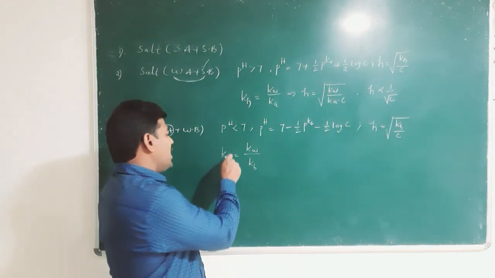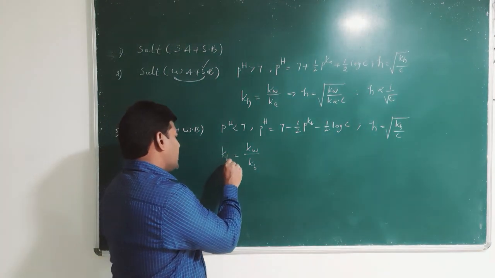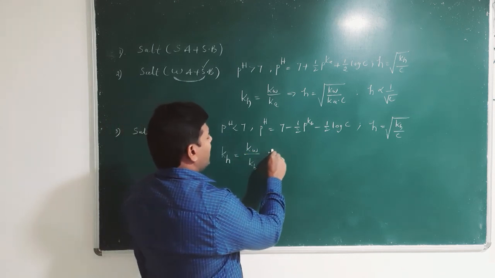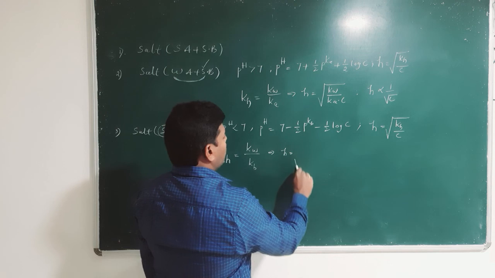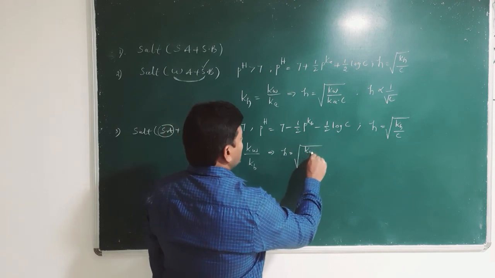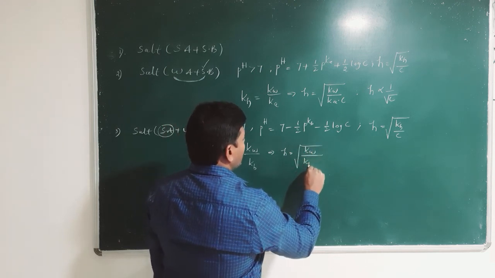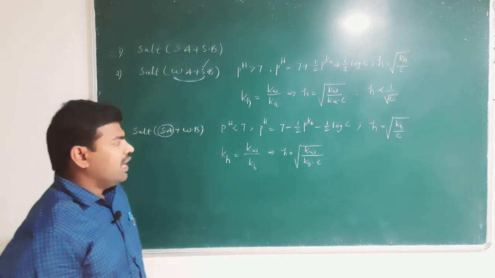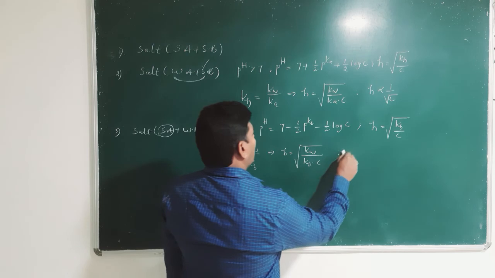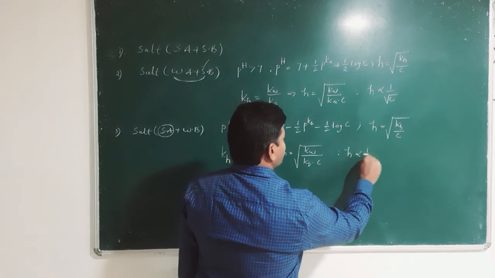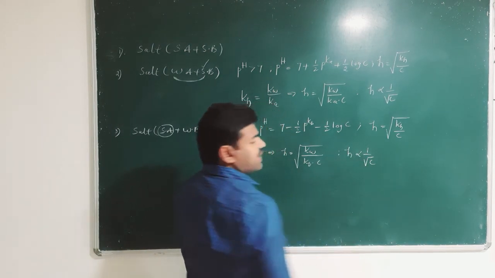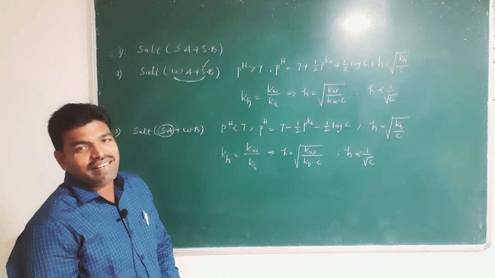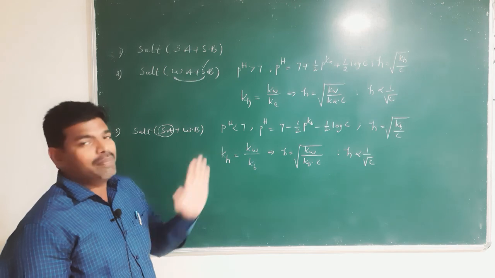So Kh is equal to Kw by Kb, and therefore h is equal to root Kw by Kb into C. Here also, degree of hydrolysis is inversely proportional to root C, that is, on dilution degree of hydrolysis increases. So, that is the third point.